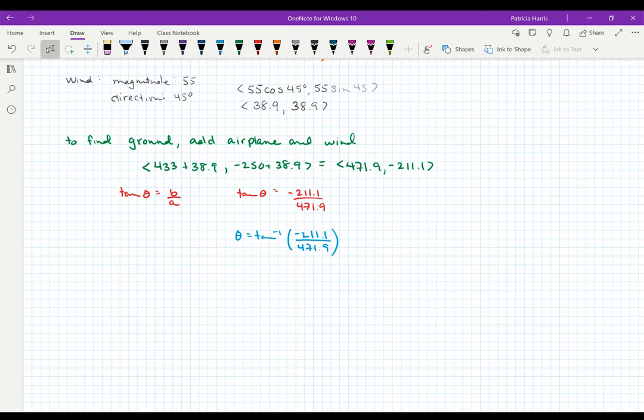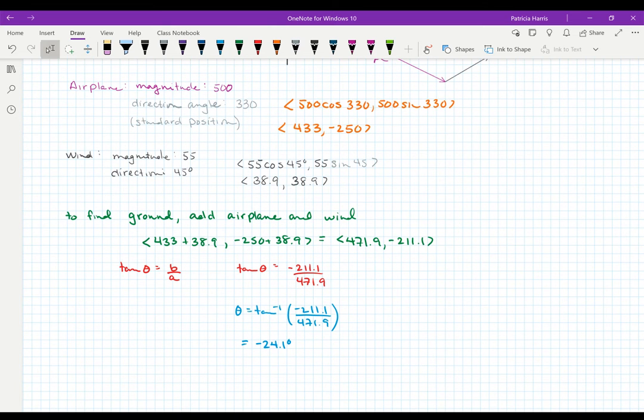And I get negative 24.1 degrees. Since it's a multiple choice question, I look at my answers and see that it's not there directly, but the answers also give cardinal directions, and none of my numbers are negative, so I need to think about this.